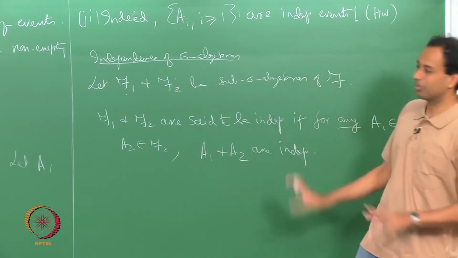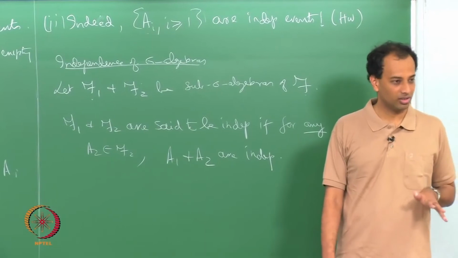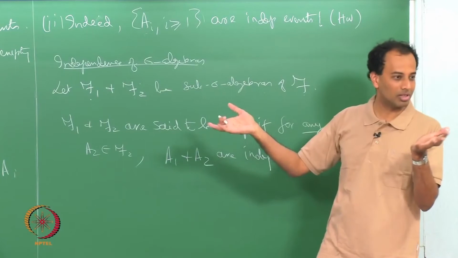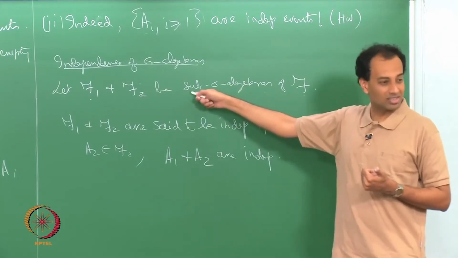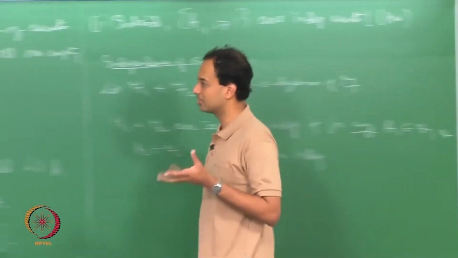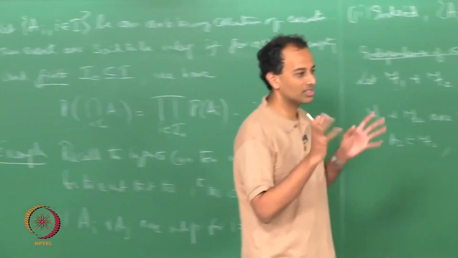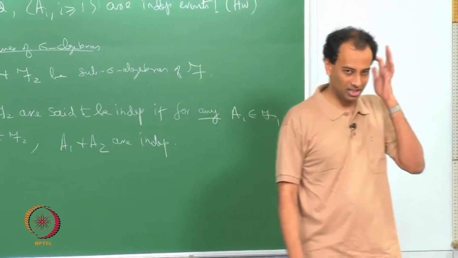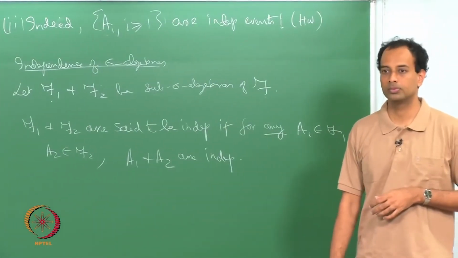All of this is independence with respect to that measure P defined on F. Which is why I said that if these were some other sigma algebras not necessarily contained in F, then you may not be able to define P on them. For example, if I take F as the Borel sigma algebra on [0,1] and take F1 as something bigger, Lebesgue measure may not be defined on some bigger sigma algebra, so that does not work. You have to have sub sigma algebras.